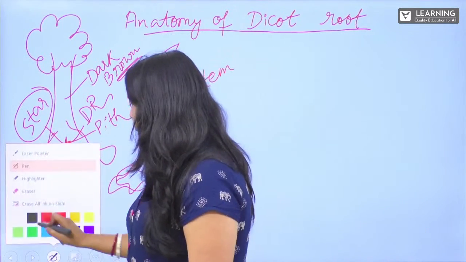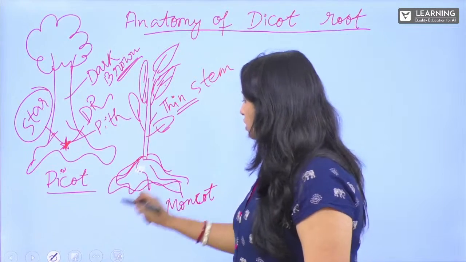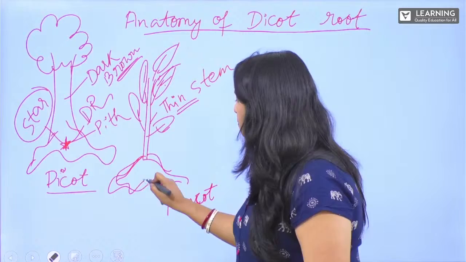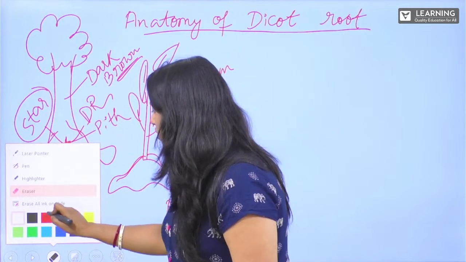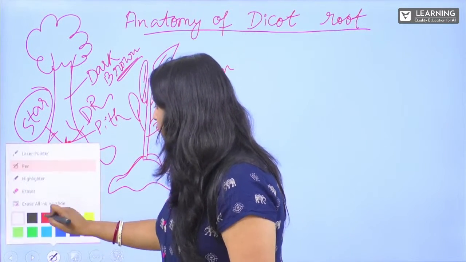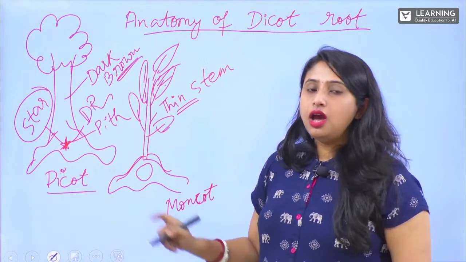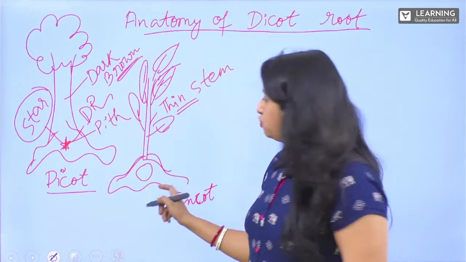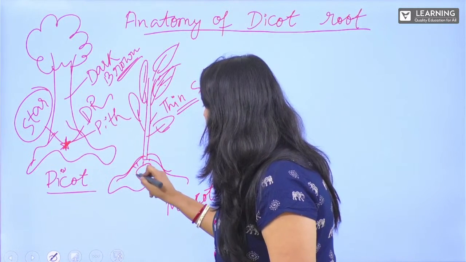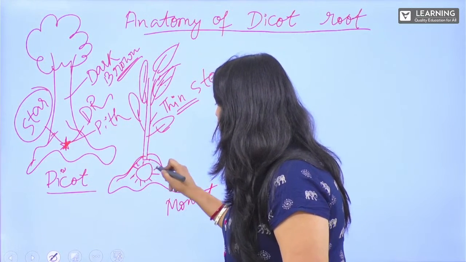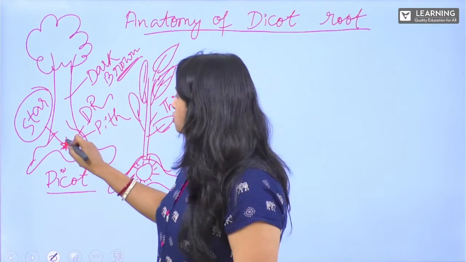So here you have to remember for the monocotyledonous plant that the pith will be large in case of your monocot roots. Let's remember it with the help of a sun. Just draw a sun, and here let's draw a star.